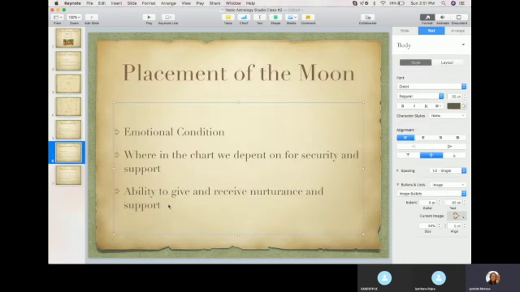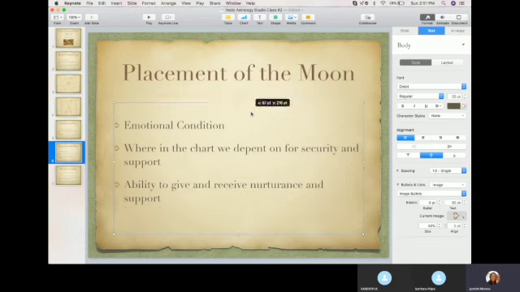Now let's look at the position of the moon itself. Wherever the moon is placed, we depend on that domain of life for security and support. It's where we receive our own personal emotional nurturance. It's also how we give and receive nurturance and support.